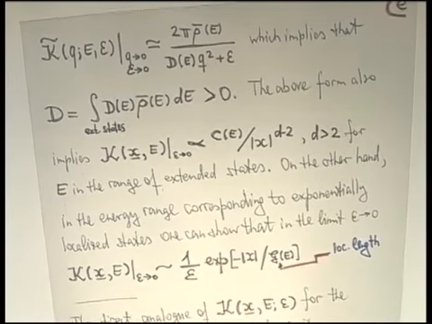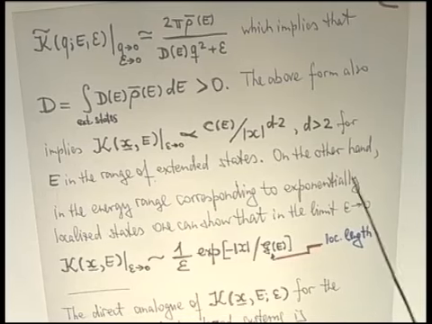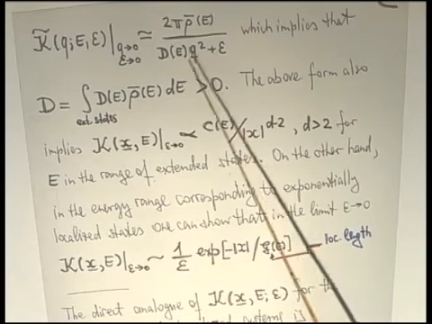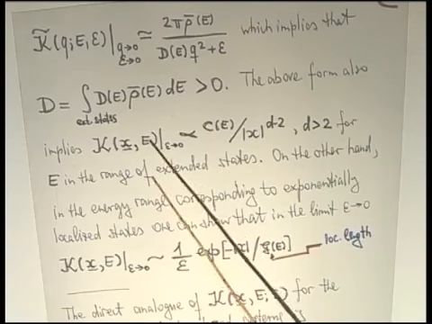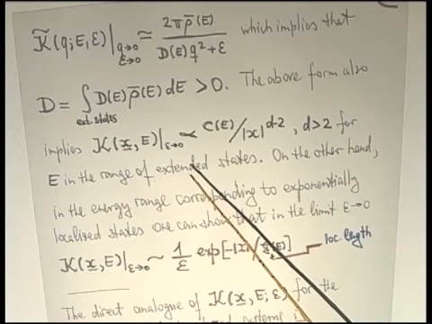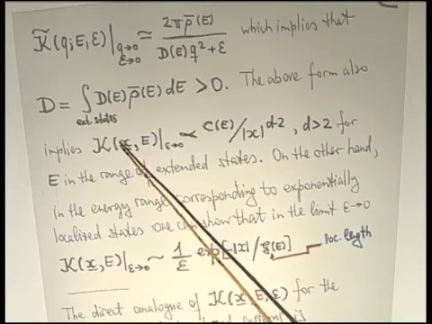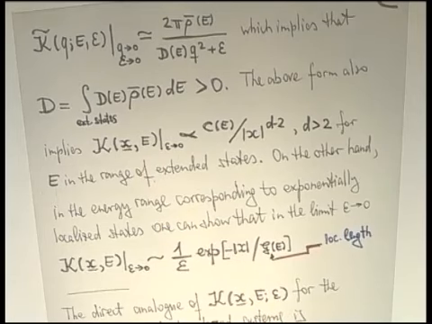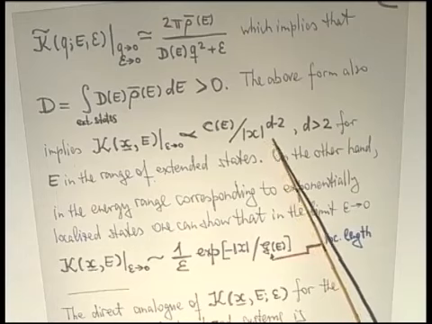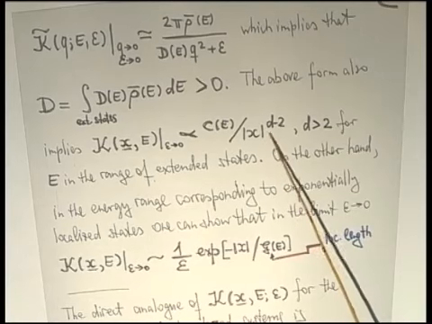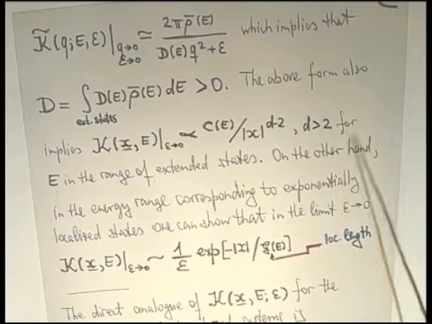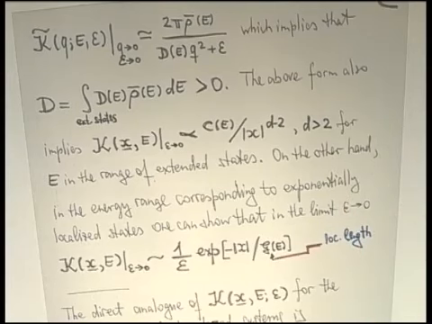I do not remember, maybe it already appeared in Tom's lectures, what this form of Q-dependence means in real space. It means that when epsilon goes to 0, basically this product of two Green functions decays as a power law, d minus 2, for d larger than 2.